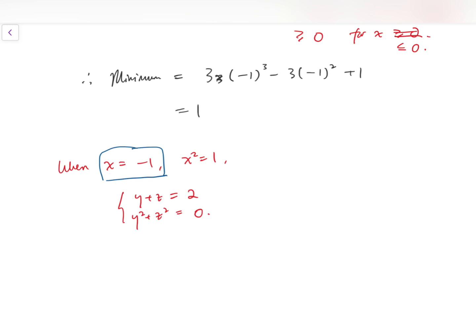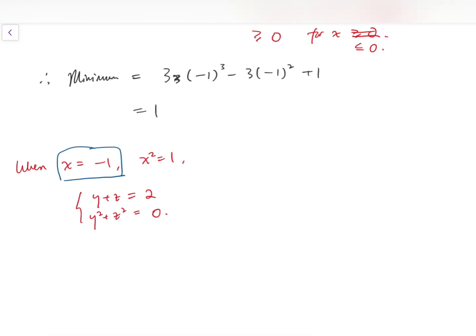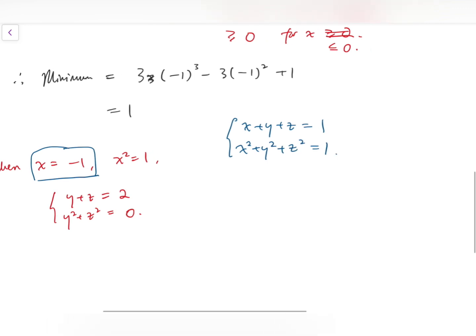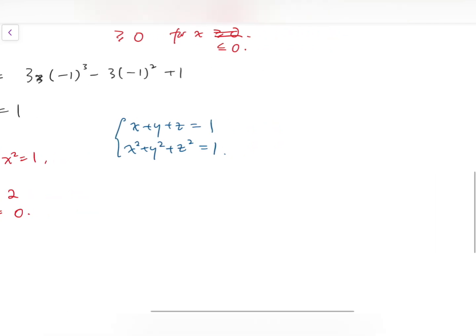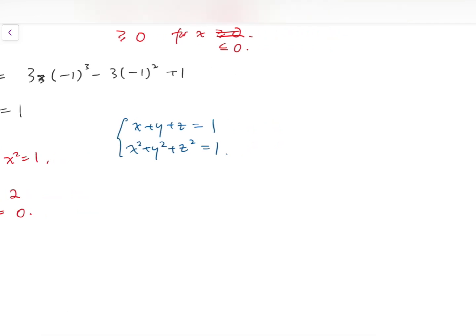And the way we can try to improve it is by going back to our original equation. Now that motivates us to find a more accurate bound for x. I can rewrite these equations into y plus z equals 1 minus x, y squared plus z squared equals 1 minus x squared.